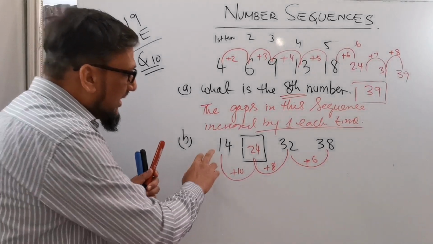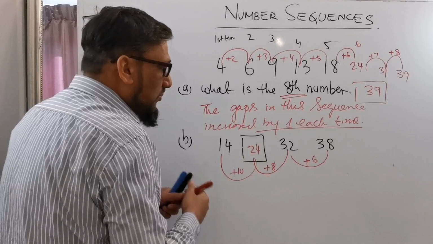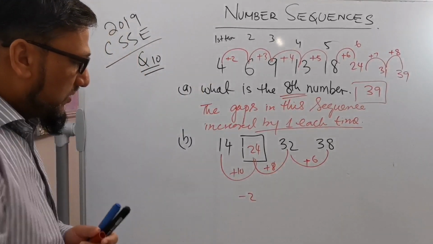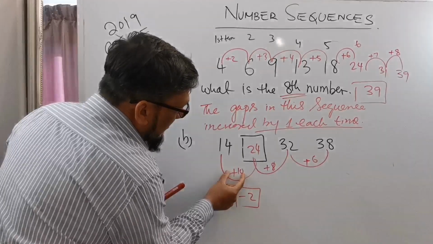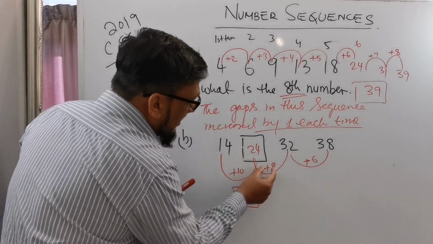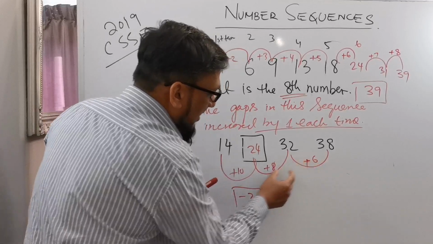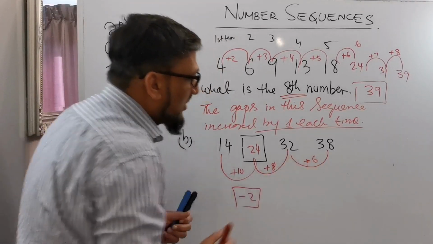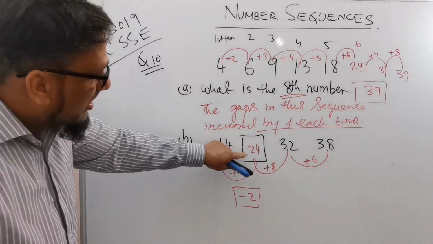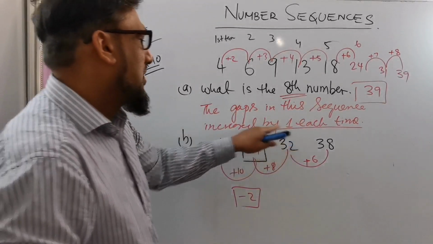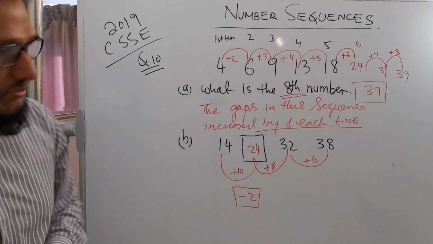The examiner is asking that the gap between these numbers reduces by 2. Plus 8 is the difference here, and after reducing by 2 the difference between these two numbers is 6. So your answer will be 24 when you calculate in reverse. So this is your part B.